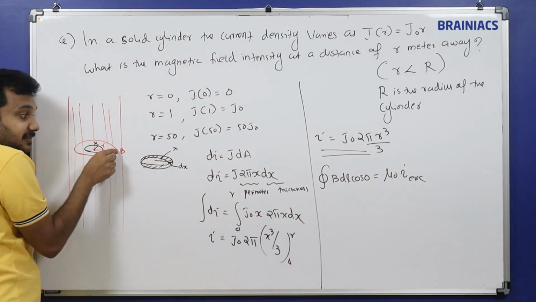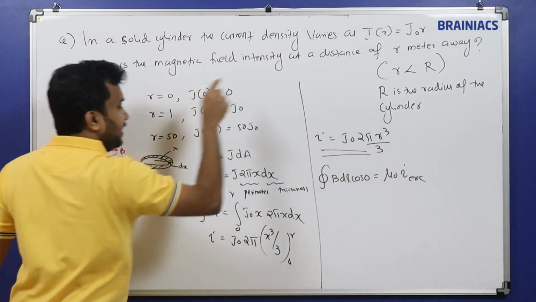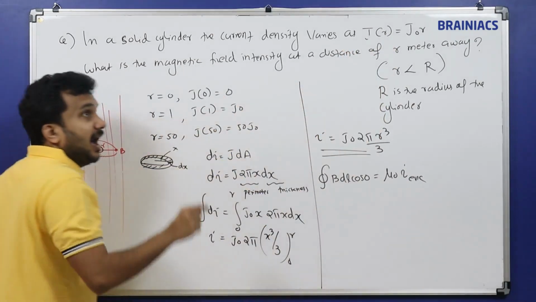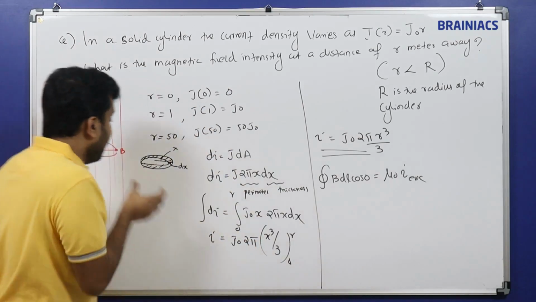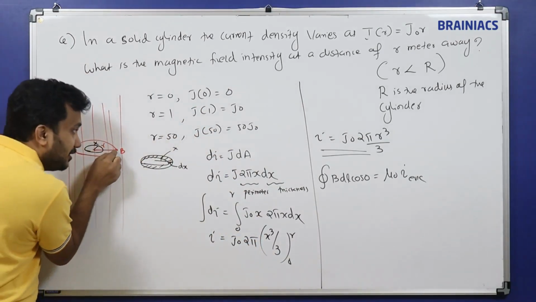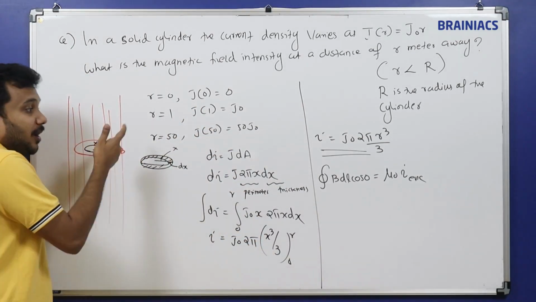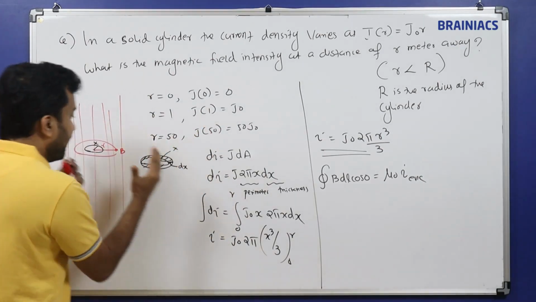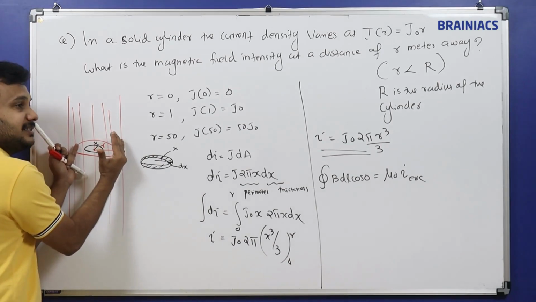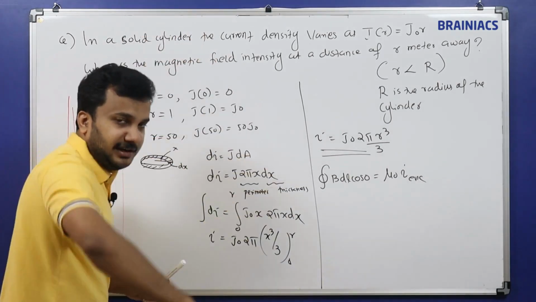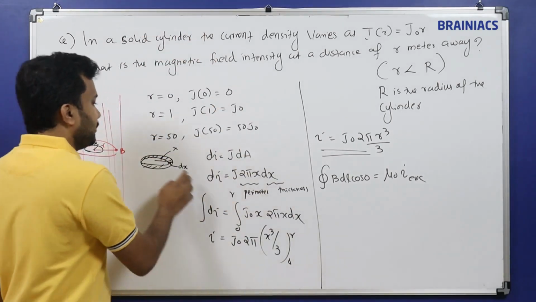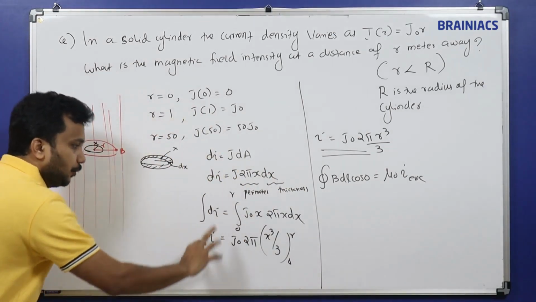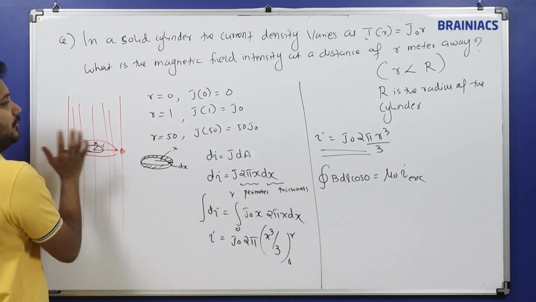Here they are specifying the current density at this point, meaning at a distance of r meter away. I need the current within this area, not this point. That is why I used integration, because a small point is given. From that I need to get the whole current within this area, which means I have to integrate. That's what I integrated. dI taken, a small area taken, then I did an integration. I got the full current within this area.